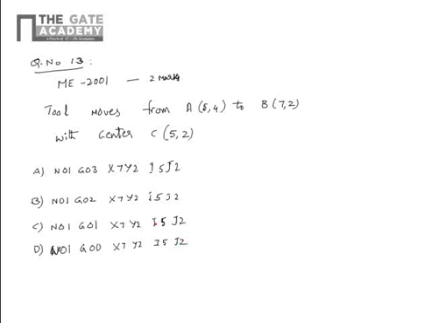To solve this problem, you need to draw the diagram. First of all, mark the points A and B in the chart. The first point is 5 comma 4, x-axis 5, y-axis 4. Next point is 7 comma 2.